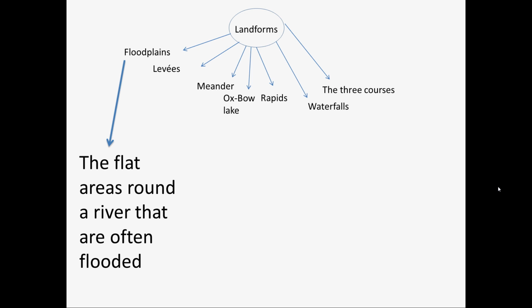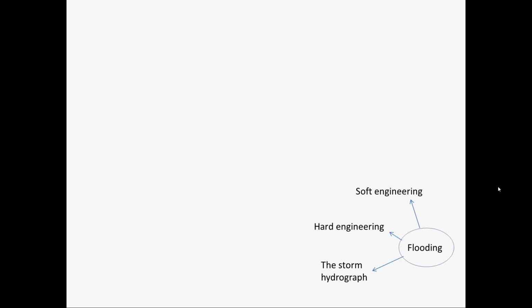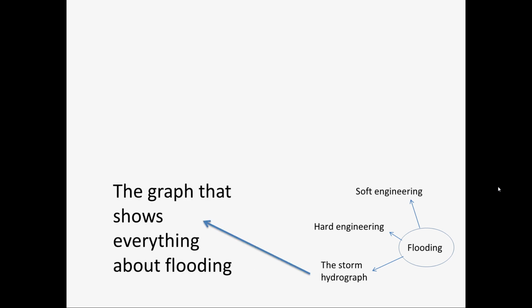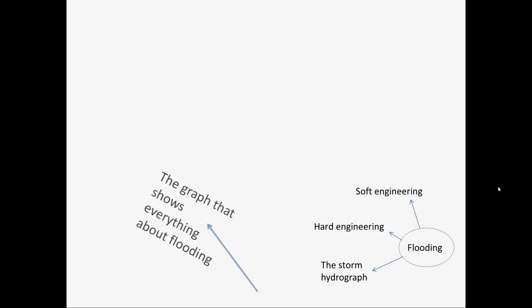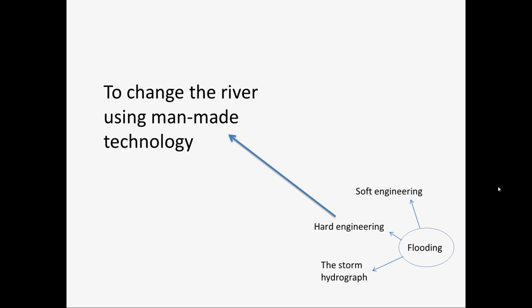So, next one, flooding. We had the storm hydrograph, which is a graph that shows everything about flooding: the rainfall, the amount of water in the river, the lag time and all of that stuff. It's quite complicated, so go back to video number 11, where we looked at the storm hydrograph. We then got the first type of engineering, which is hard engineering, which is to change the river using man-made technology.